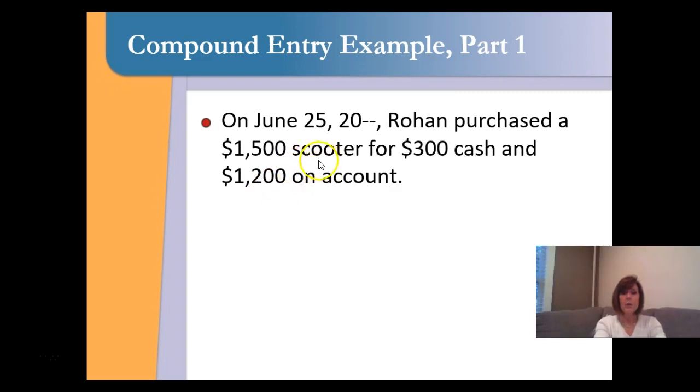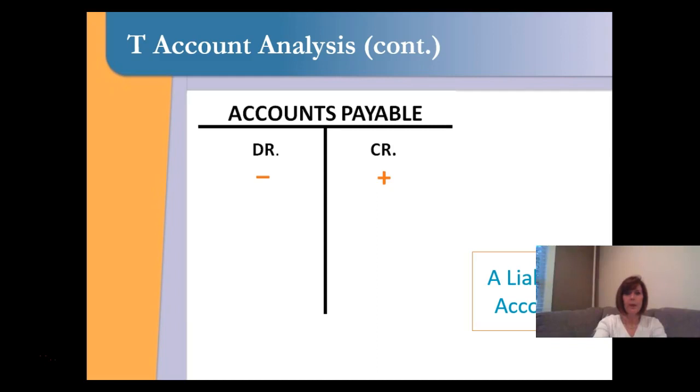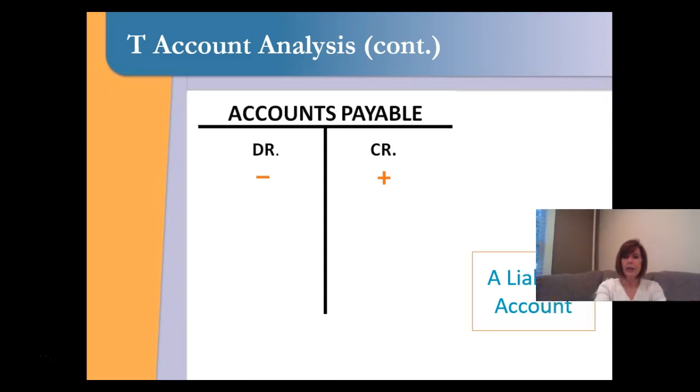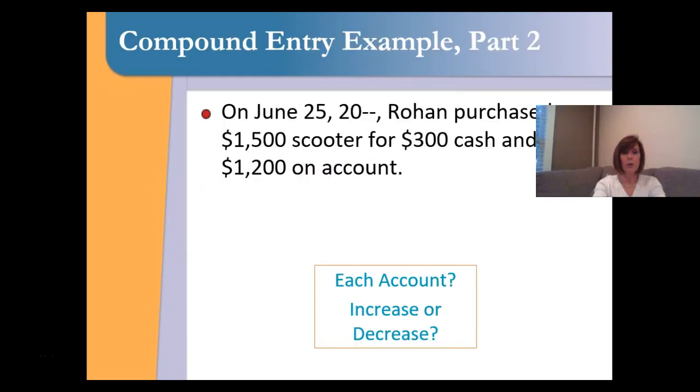So let's see, we're getting a scooter and we're losing some cash, and then we're gaining a liability. So we've got our two asset accounts: our cash, and the scooter, which is considered delivery equipment. And our liability account, which is our accounts payable for the money we're going to owe.